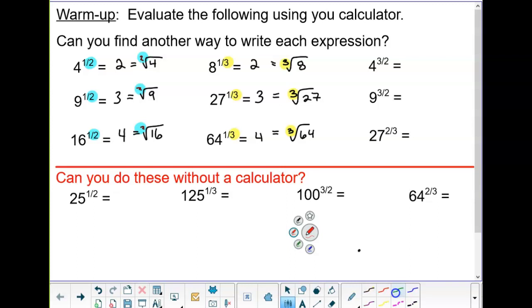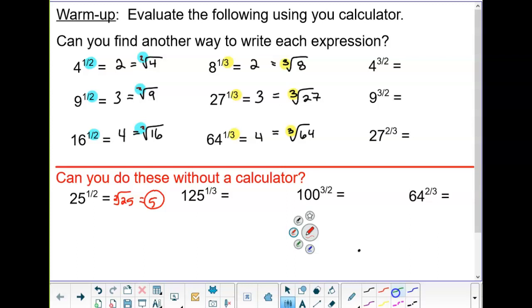So let's look at right here. If I have 25 to the 1/2 power without a calculator, hopefully your brain is thinking, okay, this divide by 2 is the same as taking the square root of 25, which is 5. The square roots we're pretty good at.